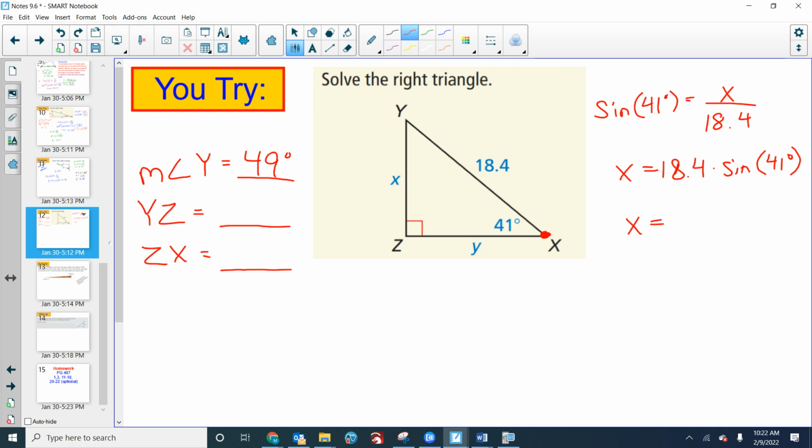What's the sine inverse of 41? Domain error. They're getting an error because they should be using sine, not inverse sine, since we're not uncovering an angle. Could you see how that could happen during a quiz? Make sure you understand when to use sine and when to use inverse sine.